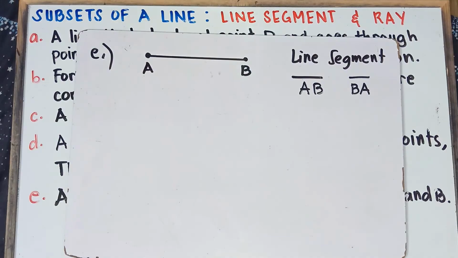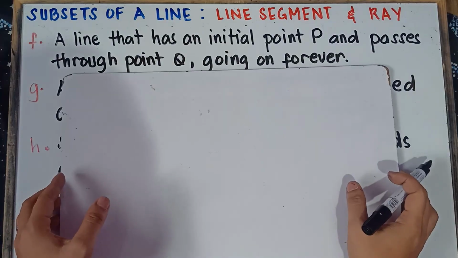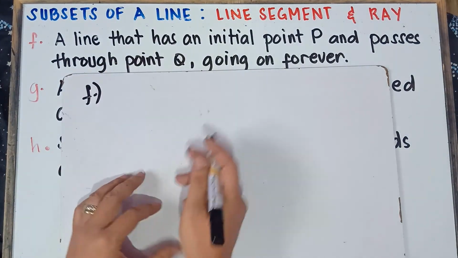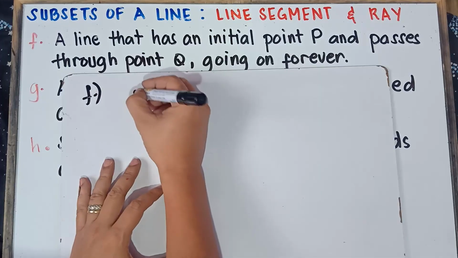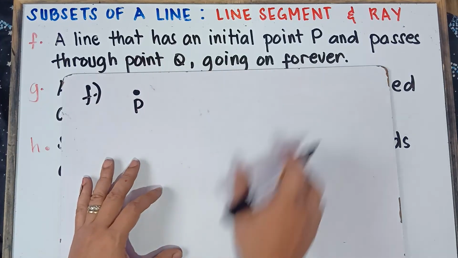Alright, so let's have more examples, class, for you to really understand this one. Letter F, a line that has an initial point P and passes through point Q going on forever. So therefore, this will be a ray, right? So initial point, that would be P, and passes through point Q going on forever.